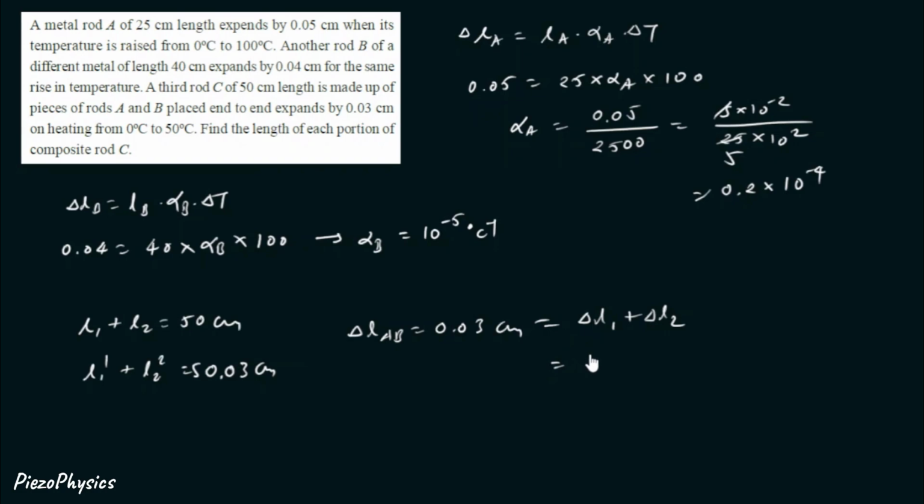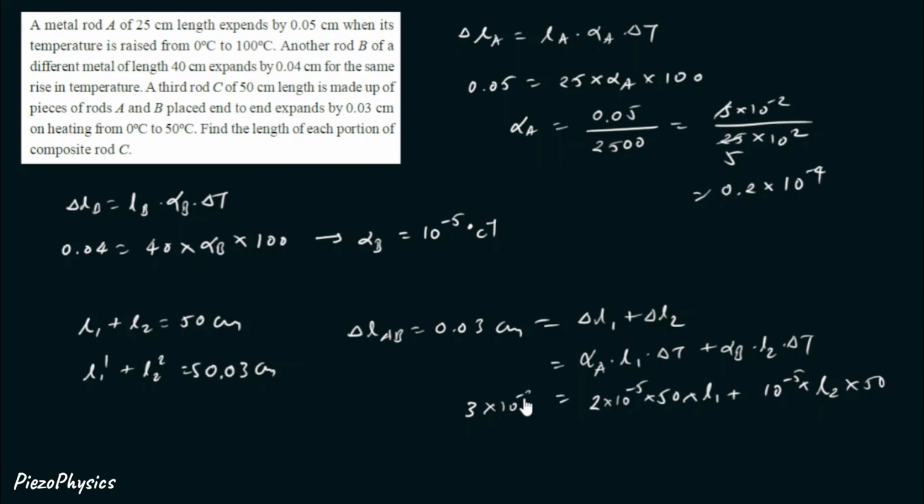So here we can write alpha 1, that is alpha A, into L1, which we don't know, into delta T, plus alpha B into L2 into delta T, right? Alpha A we have 0.2 into 10 power minus 4, so it can be written as 10 power minus 5 into delta T, which is 50, into L1, plus alpha B we have 10 power minus 5, L2 we have to find, into delta T again 50. Here we have 3 into 10 power minus 2.